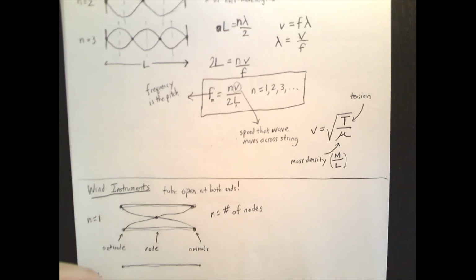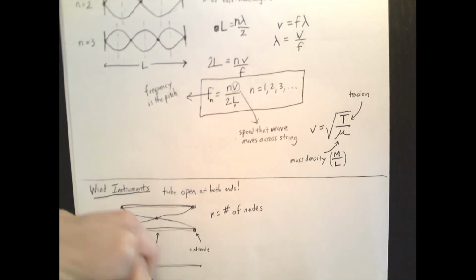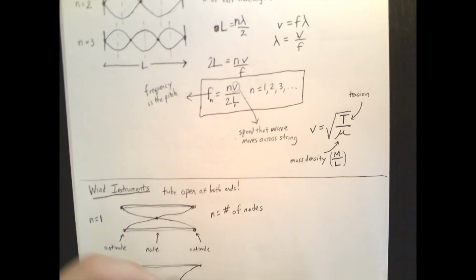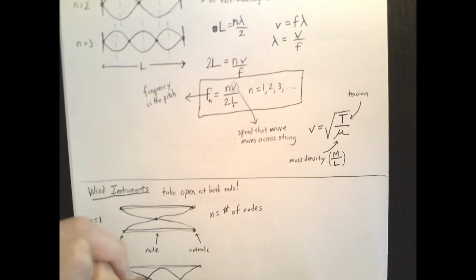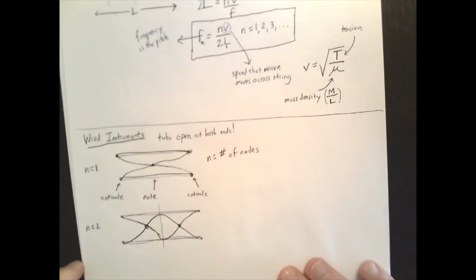We need antinodes. Now we're going to have 2 nodes. These are much harder to draw. So here's a node there, there's a node there, and now I have an antinode straight at this. You can't even see what I'm drawing. I apologize.